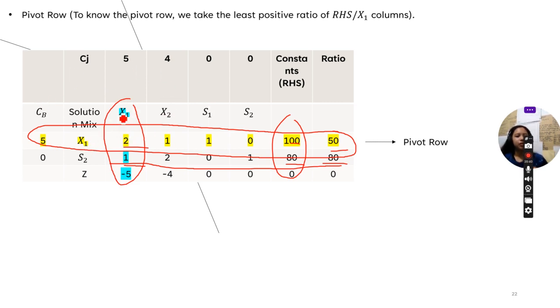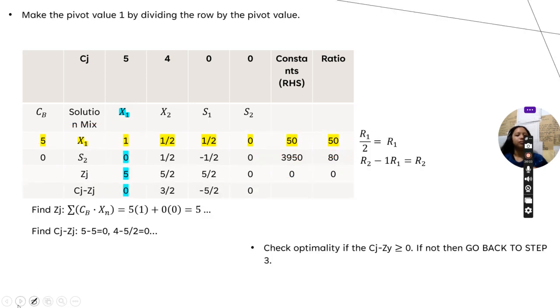And let's change the s1 here to x1, because our pivot column now is x1, and the value of x1 is 5. Let's always put that after we determine the pivot column and pivot row.